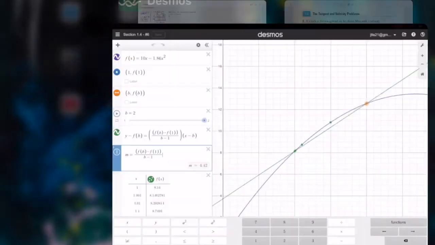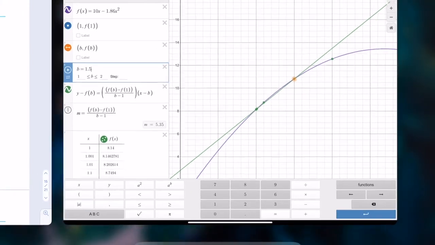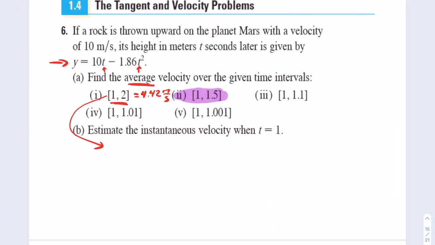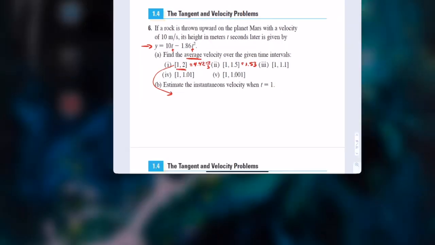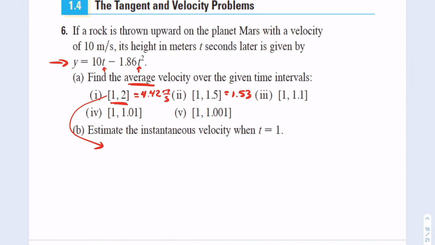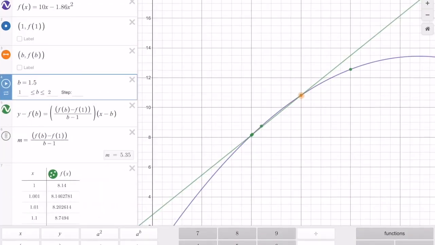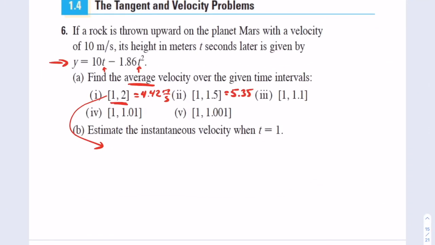If I compare 1 to 1.5, I will get a slope of 5.35. Again, don't worry about confirming these answers. Okay. Maybe close your eyes so you don't get dizzy. For 1 to 1.1, the slope came out to 6.094.